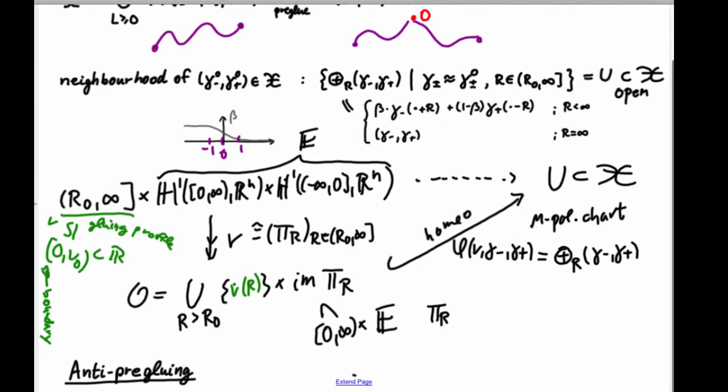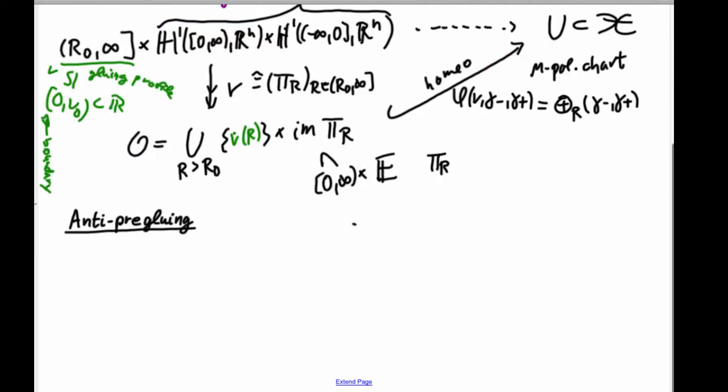So, wait, is that still working? It's still working. Okay, so since it's linear, I can declare that I would like pi r to simply be the projection to a complement of the kernel of this linear map.